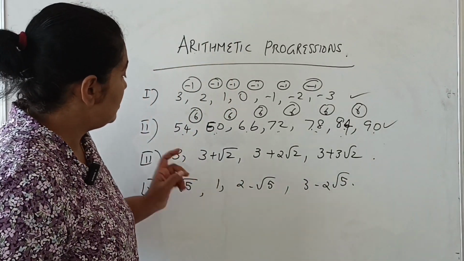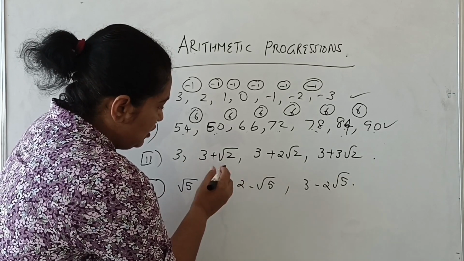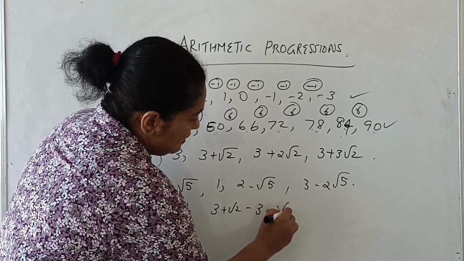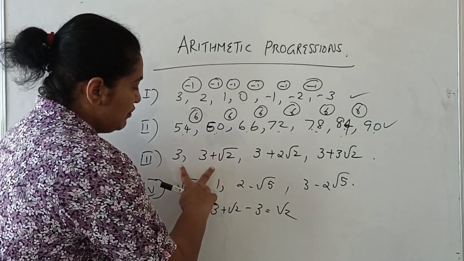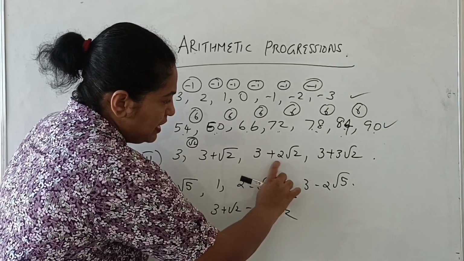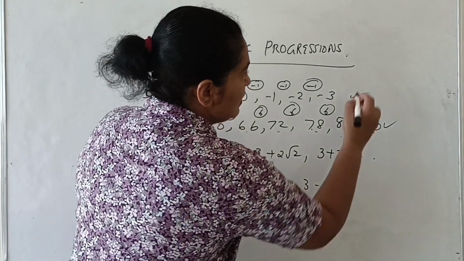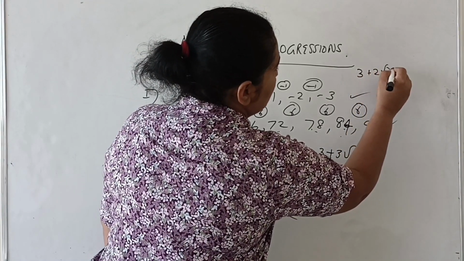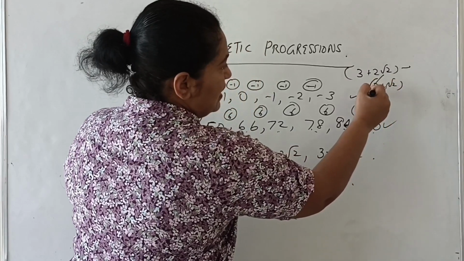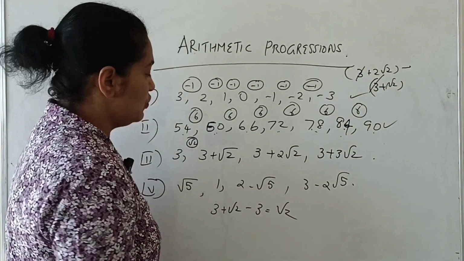Right. Now, the third one, 3 and 3 plus root 2. I need to find the difference between the second term and the first term. It will give me a root 2. So the difference between these two terms is a root 2. Difference between 3 plus 2 root 2 and 3 plus root 2. Let us see what it is. 3 plus 2 root 2 minus 3 plus root 2. 3 and 3 gets cancelled. 2 root 2 minus root 2 is a 1 root 2.